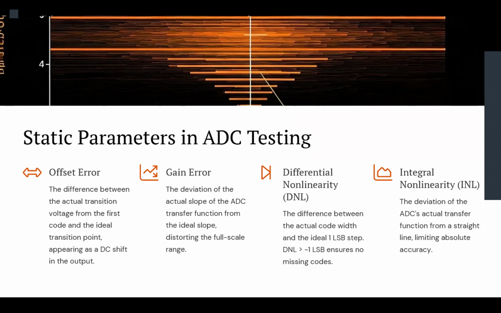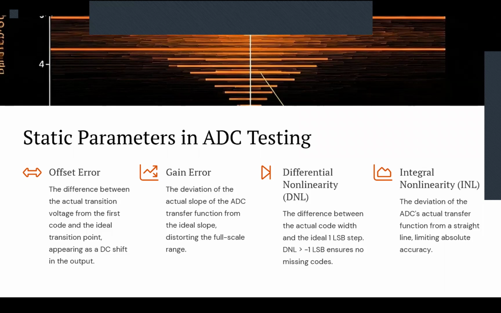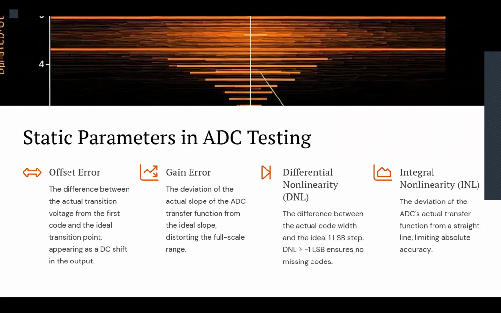Okay, so another factor is integral nonlinearity, or INL. The INL is defined as the deviation of the ADC's actual transfer function from the ideal straight line. Let's make clear the difference between INL and DNL. DNL focuses on local step accuracy, but INL measures the global curvature or drift of the ADC response across the full input range.